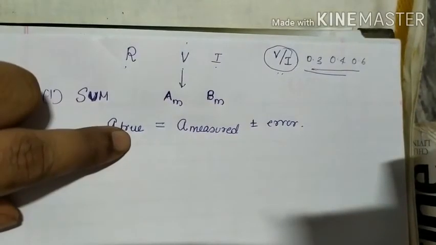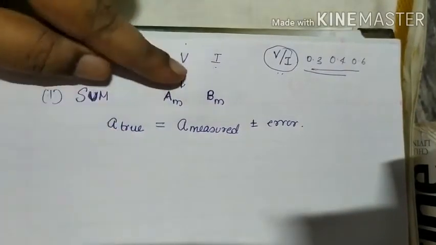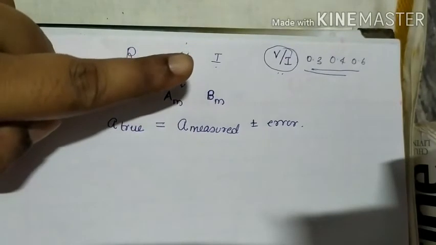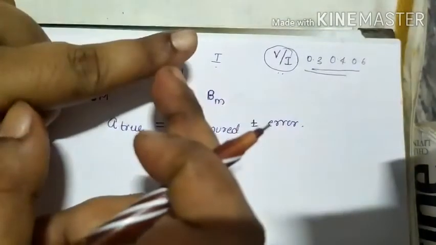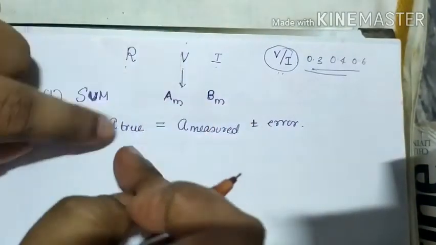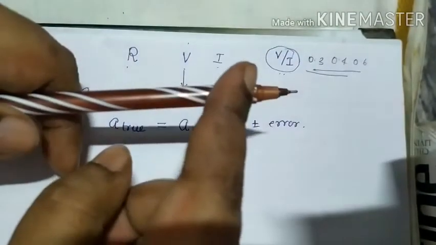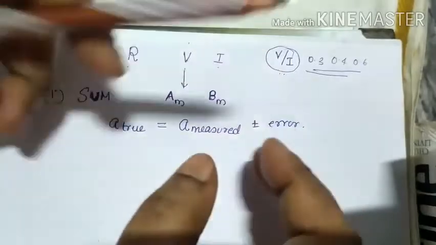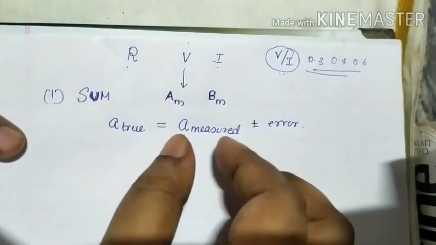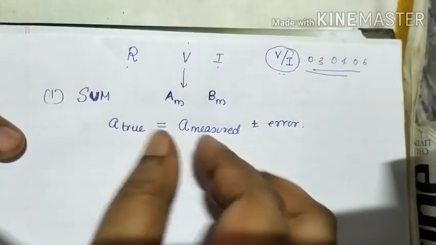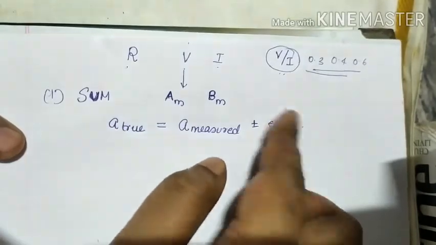Just listen guys. Every true value, suppose there is a pen produced by a company, they will have the exact length of that pen. That is its true value. But if I use a scale and measure, that becomes a measured value, and due to some reasons the measured value might be greater than the true value or less than the true value. That means there is an error, right?